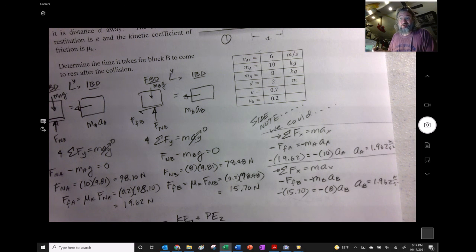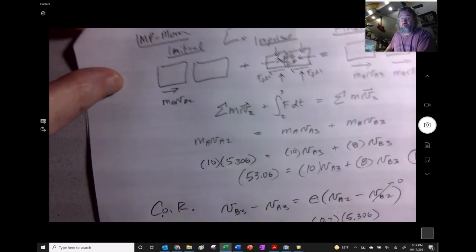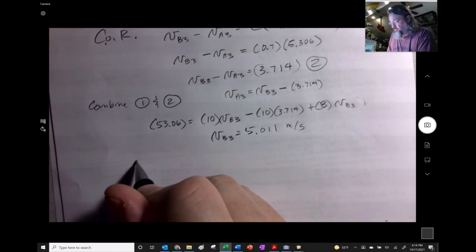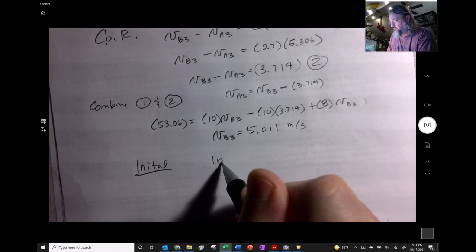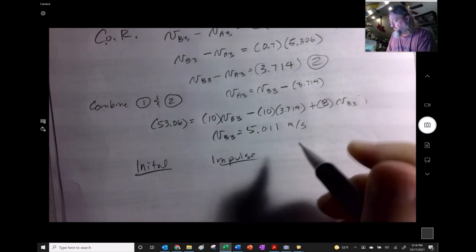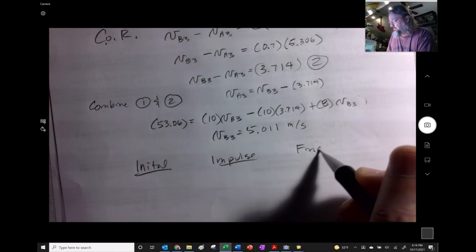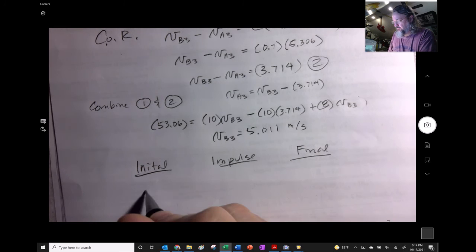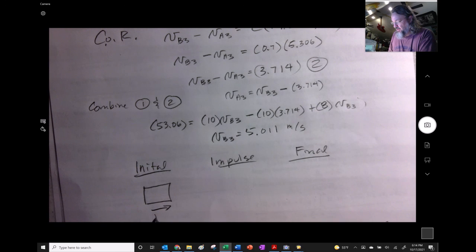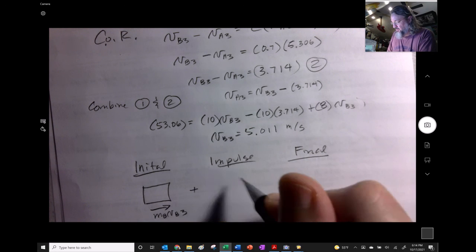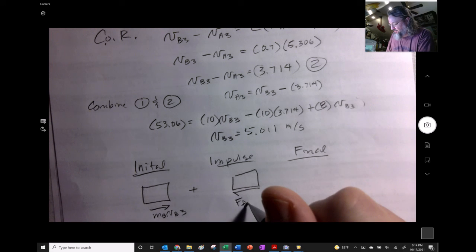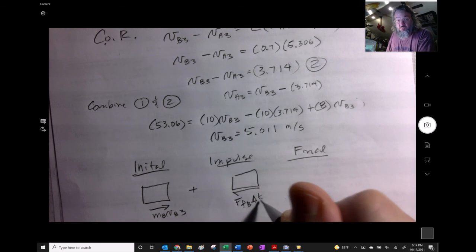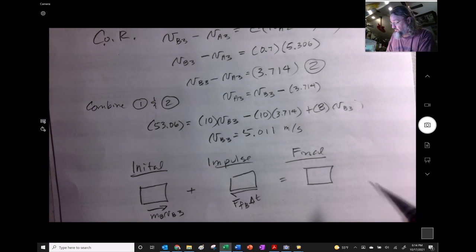I could do it fairly quickly, but my intent was that you do another impulse and momentum, but now just on the block B. They have this initial mB vB3, plus an impulse acting on it. So that's going to be the friction of B times delta T, the thing we're trying to get. It's going to be equal to 0.